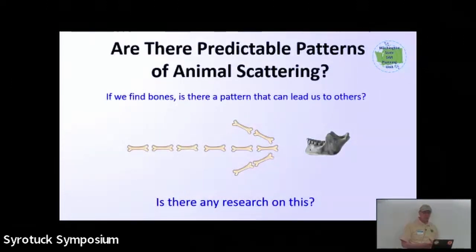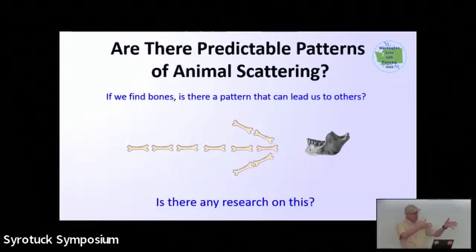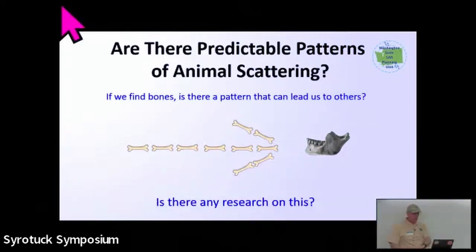So along those lines, I started to do some research and thought, well, it'd be really great if there were patterns of distribution, if the bones that you found could point to more bones to find. I started out with pretty high hopes, but was a little bit disappointed, as we'll see.